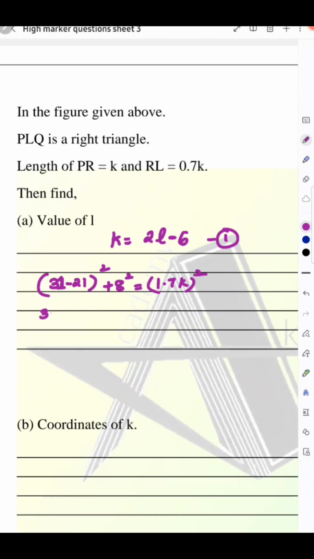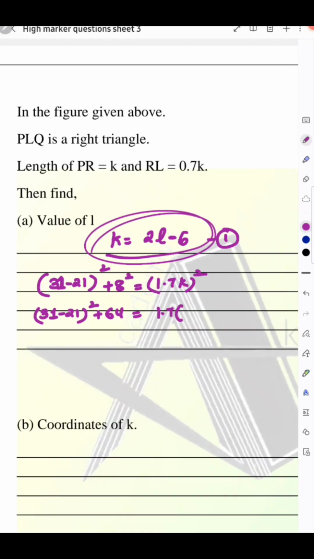So (31 minus 2L) whole squared plus 64 is equal to 1.7, and in place of k I'm substituting the value of L, that is (2L minus 6) whole squared.